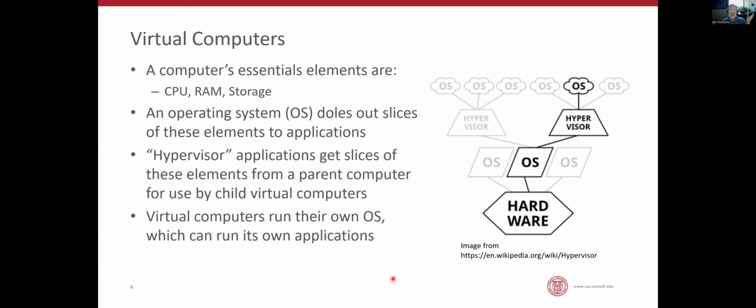So on a regular computer, like your laptop, let's say, there is hardware, physical hardware, and sitting on top of that is an operating system. It could be Windows, it could be Mac OS, or it could be one of the various flavors of Linux. And then on top of the operating system, you can run different applications, a web browser, a text editor, things like that. One of the applications that you may not be aware of, but which is available, is something called a hypervisor. And a hypervisor asks your operating system for slices of its disk space and its CPU power and its memory.